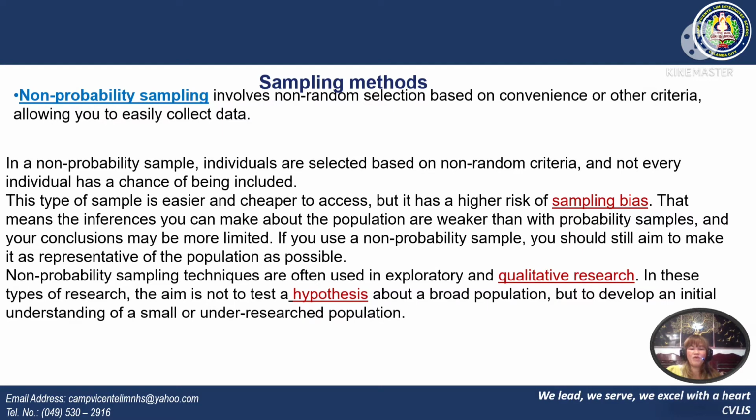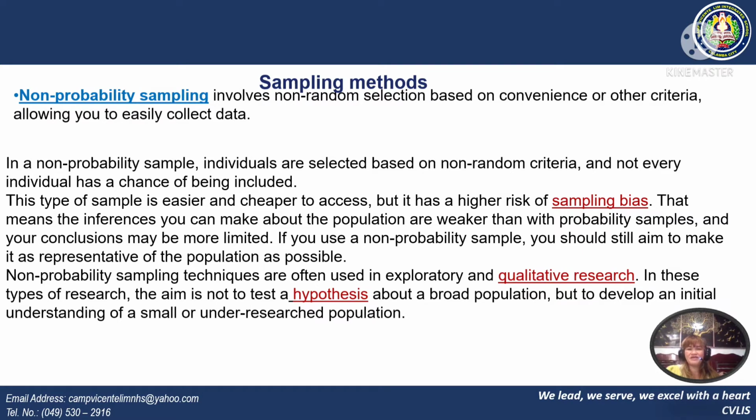This type of sample is easier and cheaper to access, but it has a higher risk of sampling bias. That means the inferences you can make about the population are weaker than with probability samples, and your conclusions may be more limited. If you use a non-probability sample, you should still aim to make it as representative of the population as possible.